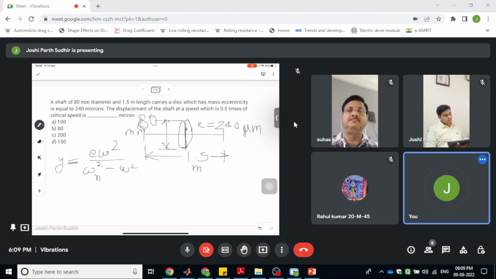Here we have been given the eccentricity E, and the speed is 0.5 times the critical speed. So omega n is the critical speed or natural frequency, and omega is 0.5 omega n.